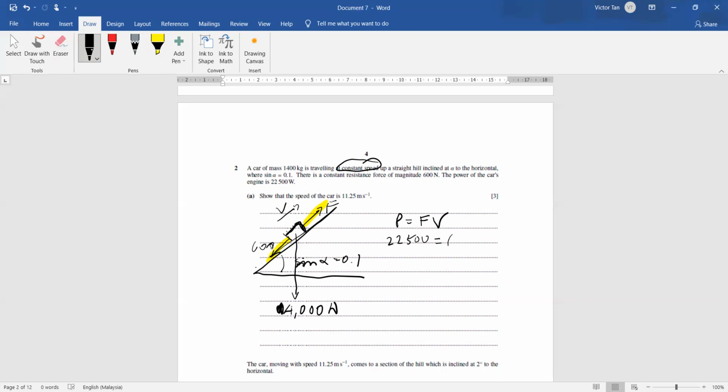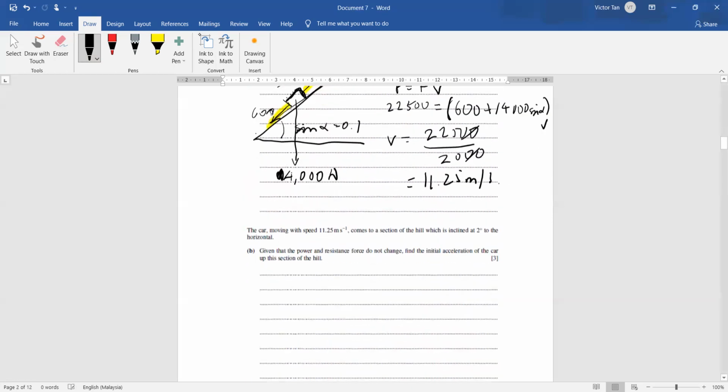So F will be 600 plus 14,000 sine alpha times V. V equals 22,500 over 600 plus 1,400. So it's 2,000. So 225 over 20. So the answer is 11.25. That's it.